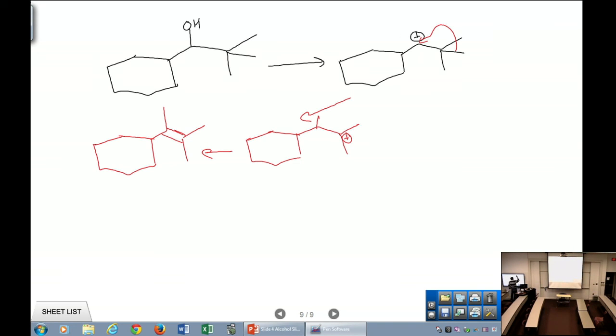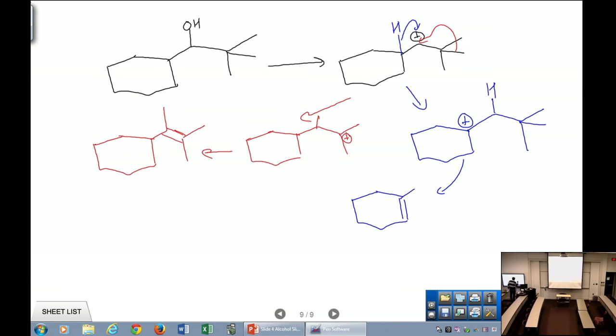Or I could move this hydrogen, and your hydrogen would go here, your positive charge would be on that carbon. And typically it's better to eliminate and have your double bond in a ring than out of a ring. So that would give you that product there. So that's where those come from.